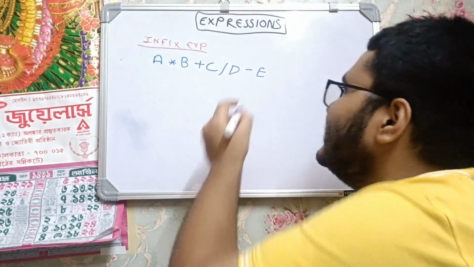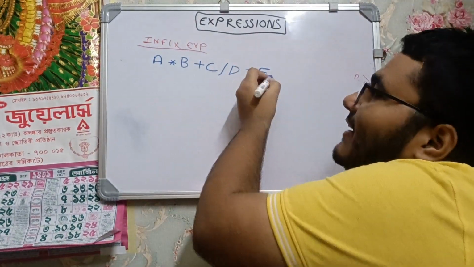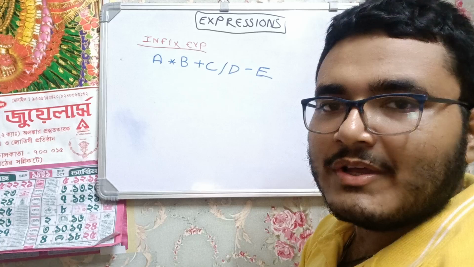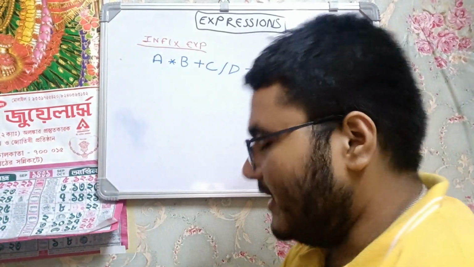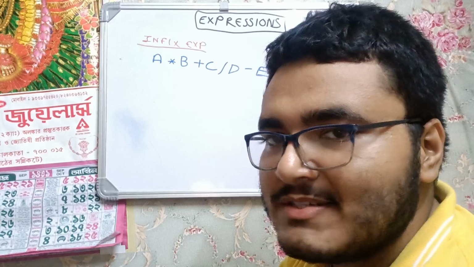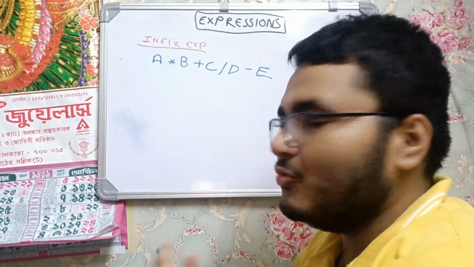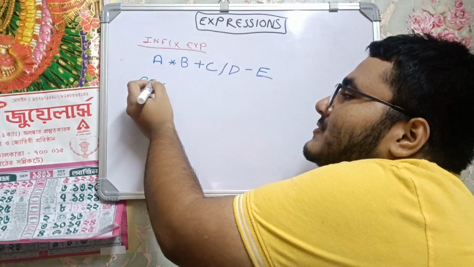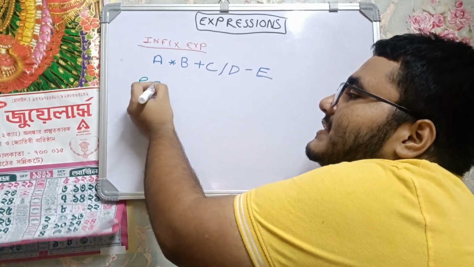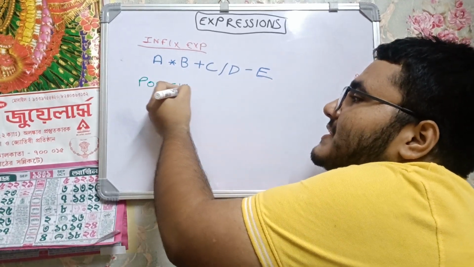So this is my infix expression, and I need to convert it into its equivalent postfix form. So for doing this, you must know the priority of all the operators. So first of all, this is my postfix expression.